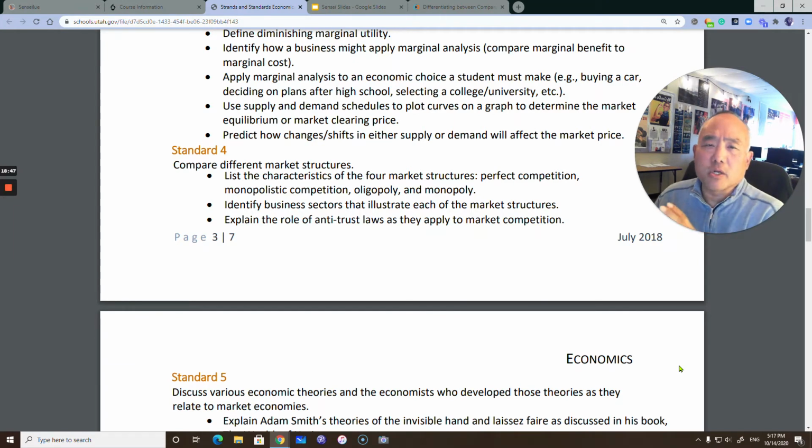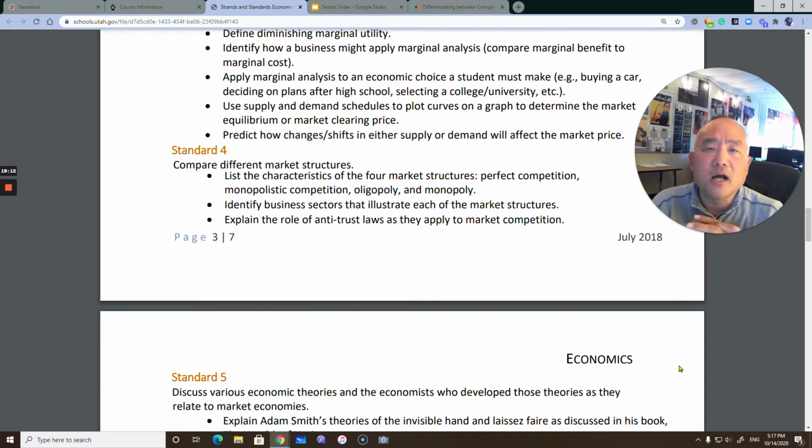And so no longer are we talking about a commodity, but we're talking about a branded good. So I'm going to buy this product because I prefer Coca-Cola. Or I'm going to buy this product because I prefer Pepsi. I'm attached to the brand. I'll pay whatever the price is for that particular brand. That's monopolistic, only distinguished by branding.